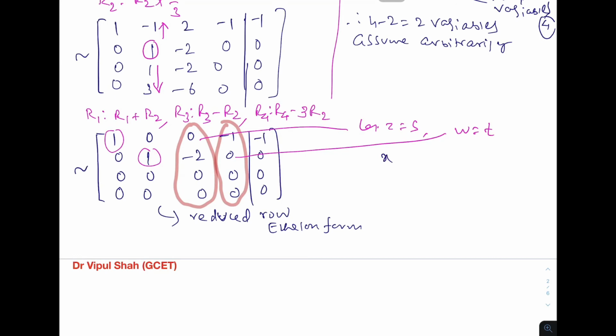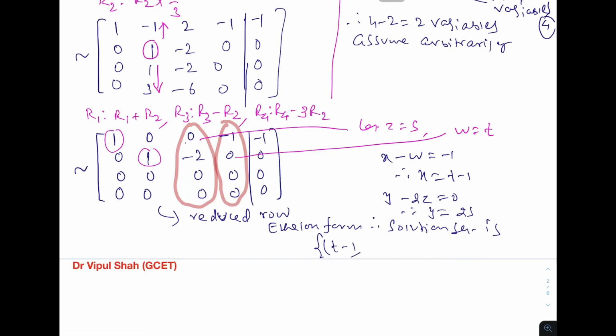Equation is X minus W equal to minus 1, and therefore X equal to T minus 1 because W is T. Second equation from second row, and that is nothing but Y minus 2Z equal to 0, and therefore Y equal to 2Z, so that is 2S, and therefore solution set is X, that is T minus 1, Y, that is 2S, Z, S, W, T, and this S, T, any real number.